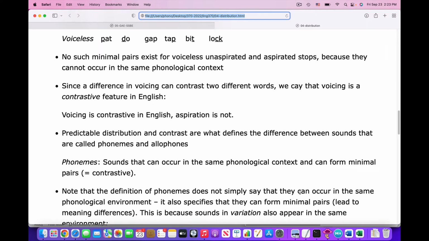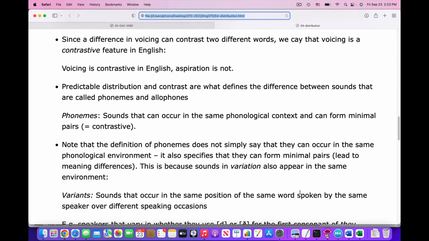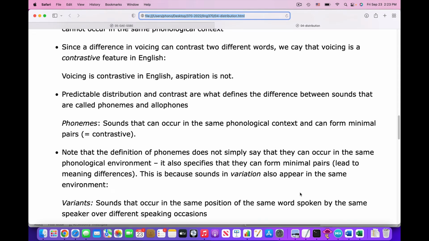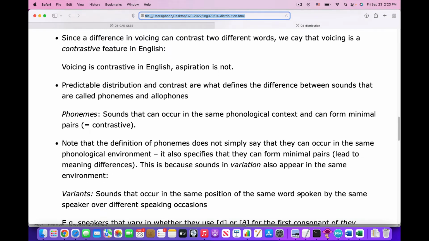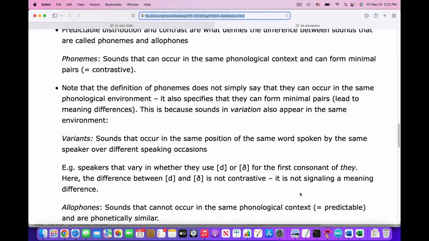So think about two sounds in variation. Now, we haven't really talked about this term. You might not have even talked about it in 201 when you took it. Variants are two sounds that can occur in the same position of the same word spoken by the same speaker over different speaking occasions. So the example I'll use here is the 'the'.